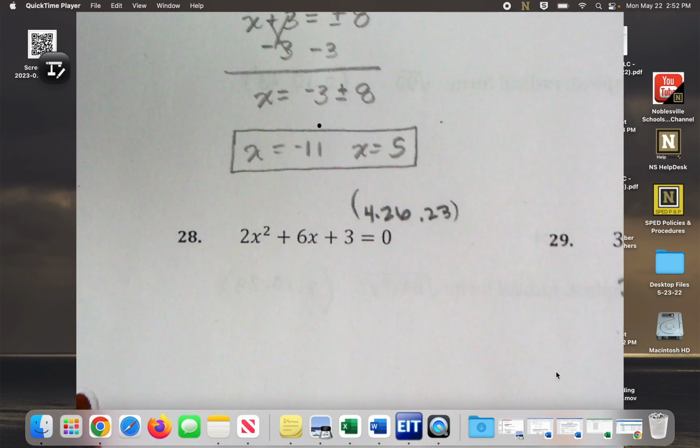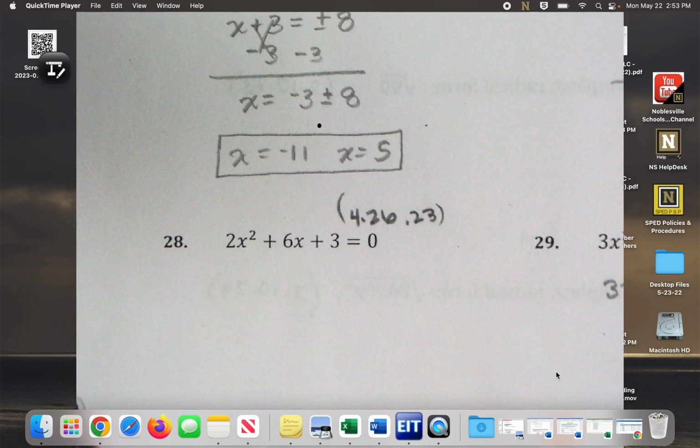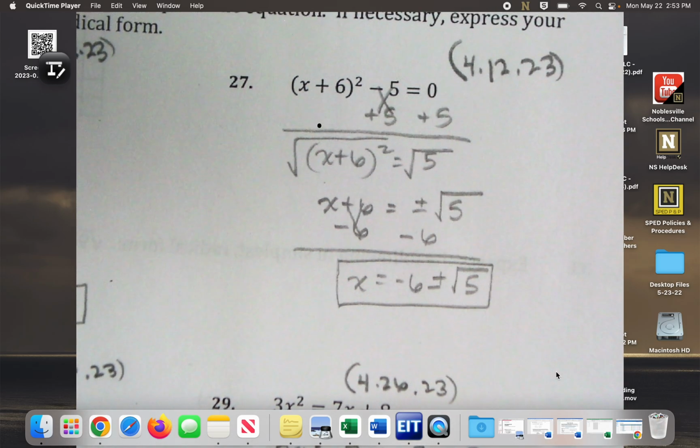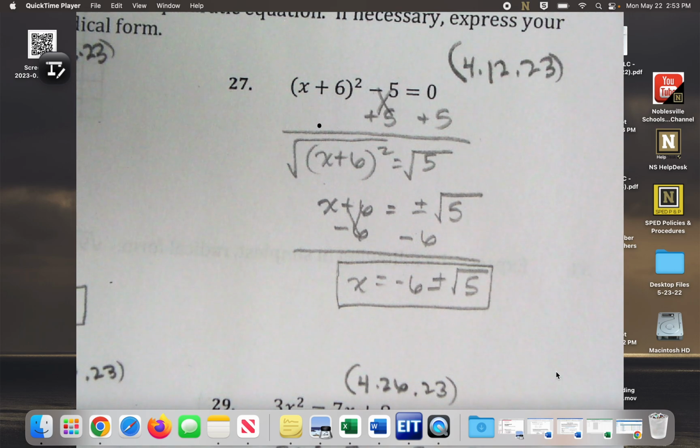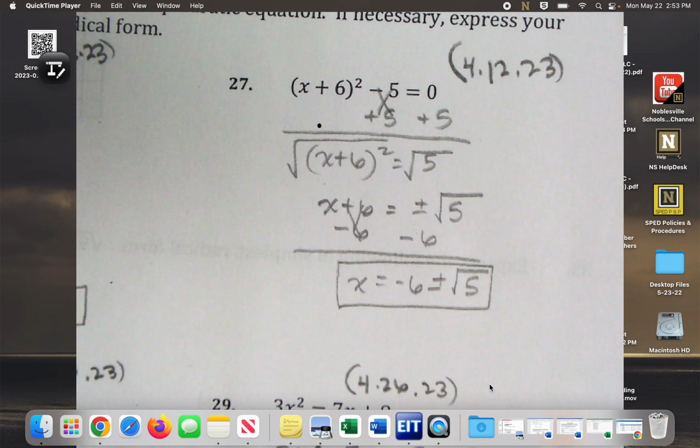Honestly, this class is really hard. You use algebra in geometry, but you need to know geometry to take algebra 2. Algebra 2 is like a combination of algebra and geometry.